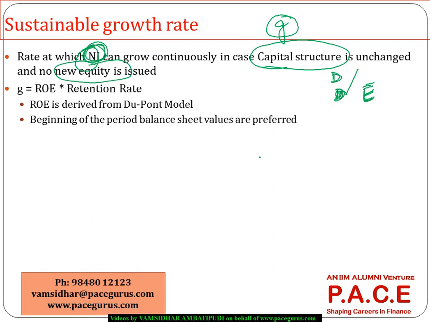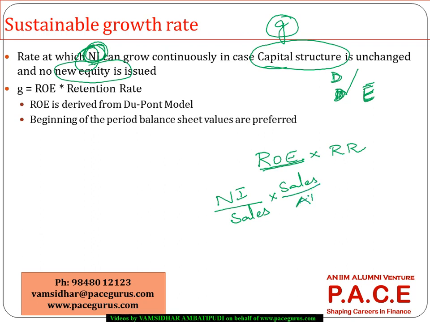Generally, it is looked at from the perspective of return on equity times the retention rate. That is a measure of the sustainable growth rate, and return on equity is purely coming from your DuPont analysis: net income divided by sales, into sales by total assets, which is asset turnover, into total assets divided by equity.